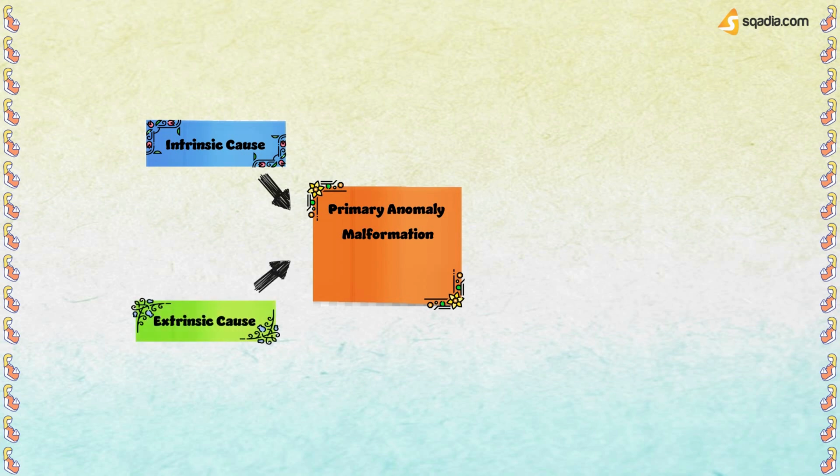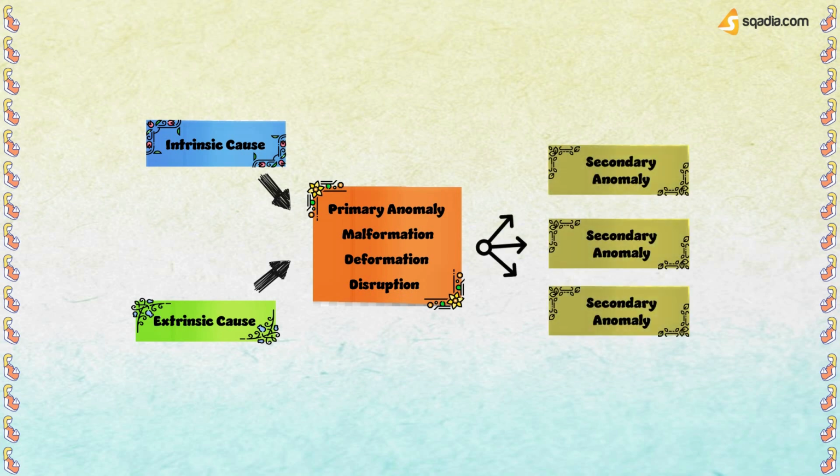Can anyone recall the extrinsic causes? Yes, ma'am. That were deformation and disruption. So, malformation, deformation, and disruption that leads to secondary anomaly.